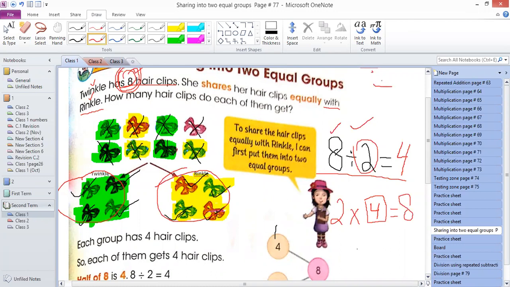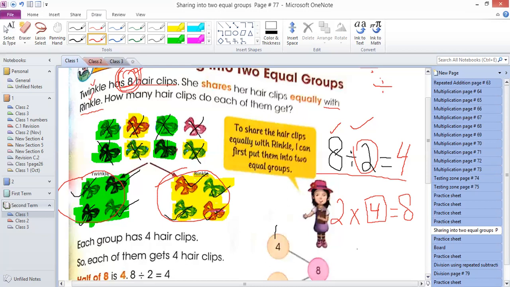After the division sign, you will check in how many groups you want to divide. Because there are 2, Wrinkle and Twinkle, you will write 2: 8 divided by 2.